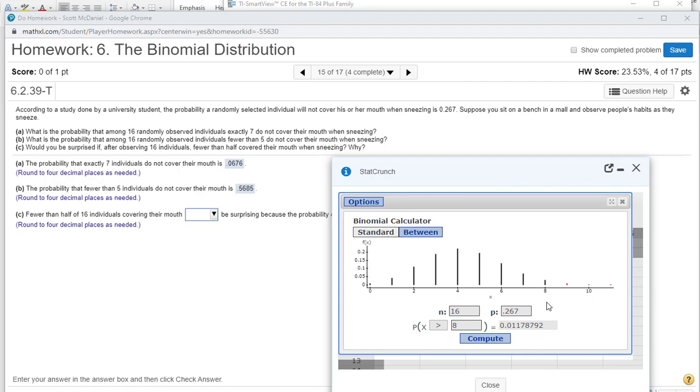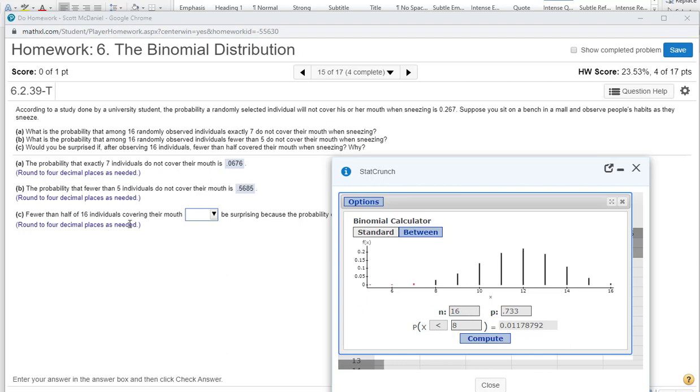Does that make sense? Okay, let me think about it a different way. So I just changed it around a little bit. So if 0.267 is the probability that they don't cover their mouth, that means that 1 minus 0.267, which is 0.733, so 73.3% do cover their mouths, right?